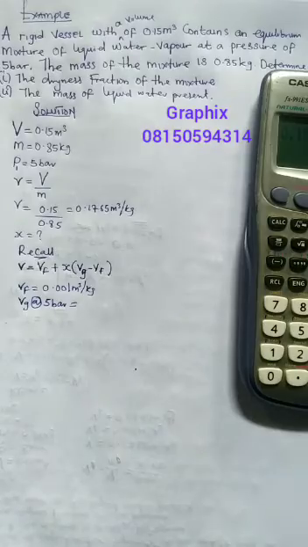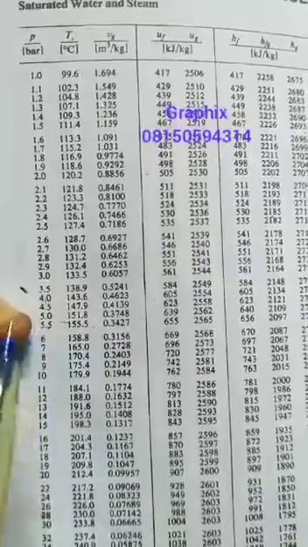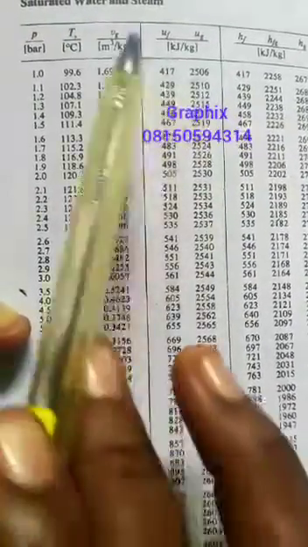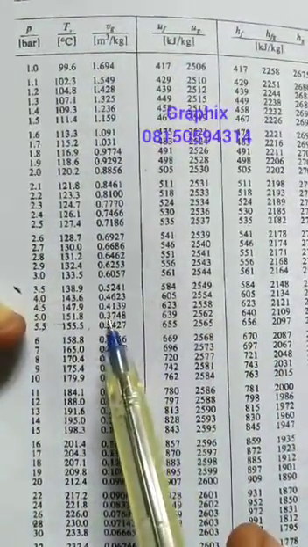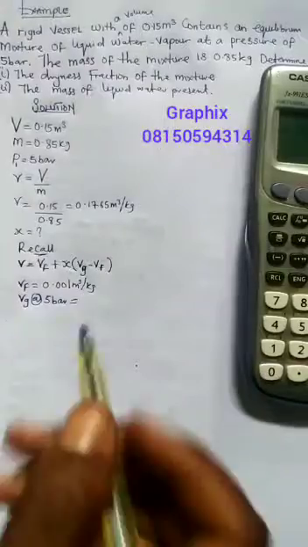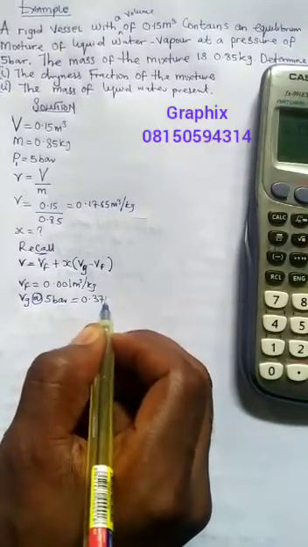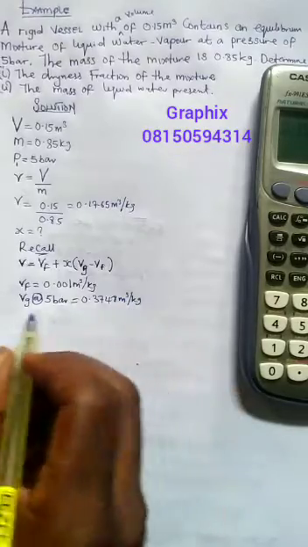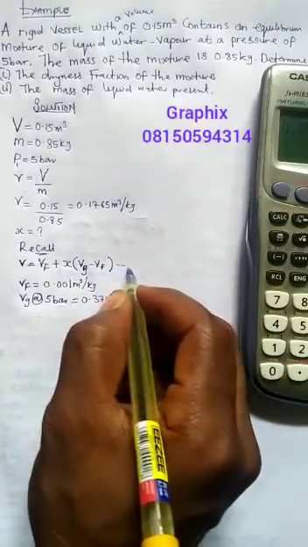This is the saturated water steam table. I'll go to 5 bar and check vg, and that will give me 0.3748 meter cube per kilogram. That's my vg.